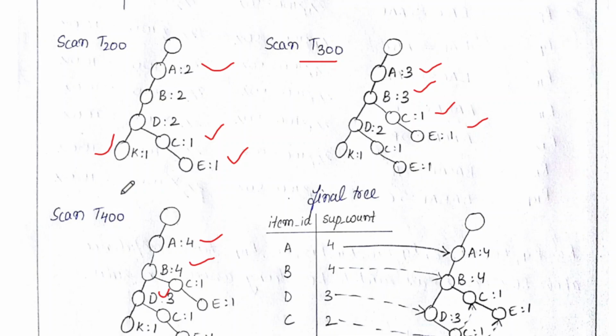This is my final tree, with the support count of A being 4, B being 4, and D being 3. For C there is one value here and one value here; if we combine both, we get a support count of 2, and E also gets 2. So this is my final tree.